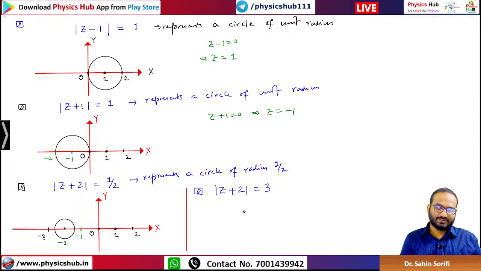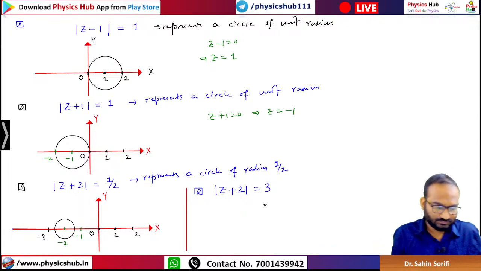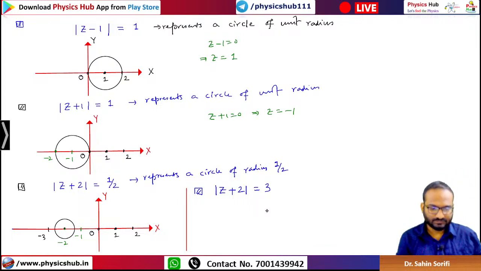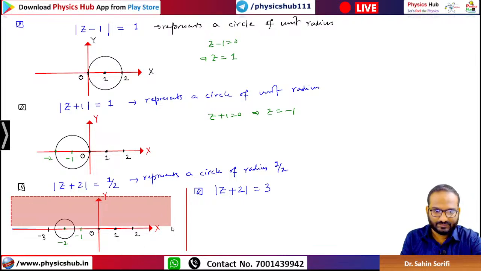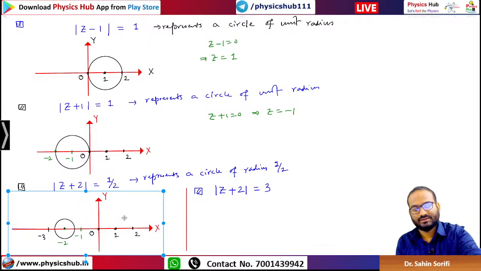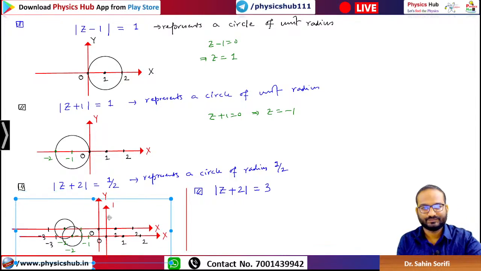Z plus 2 equals to 3. Just try to draw this. If you can draw this one, then it means you have understood the thing.